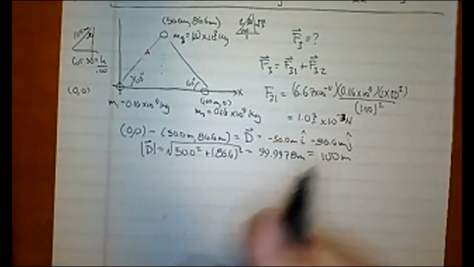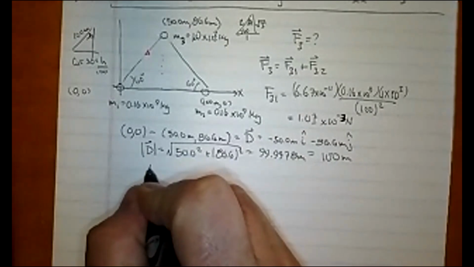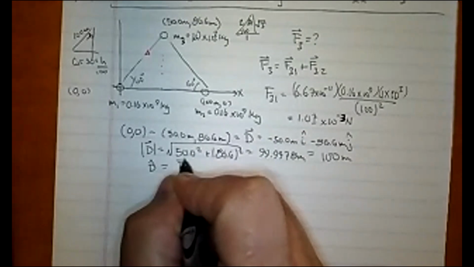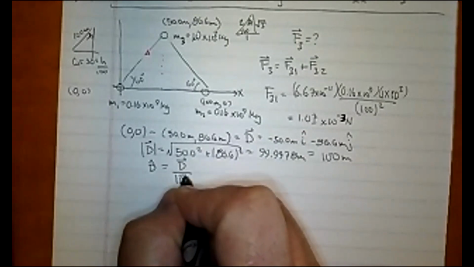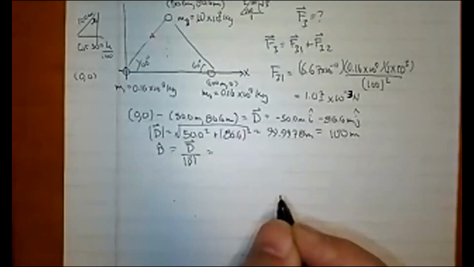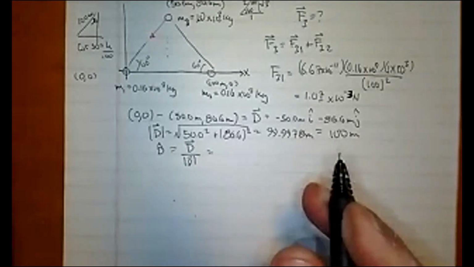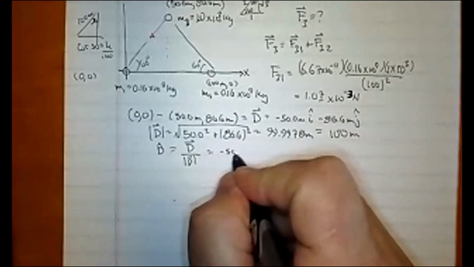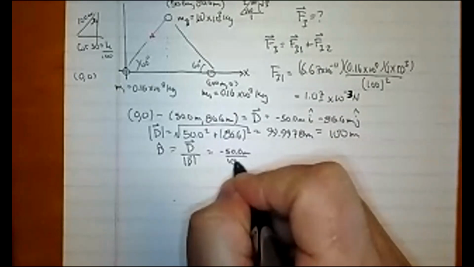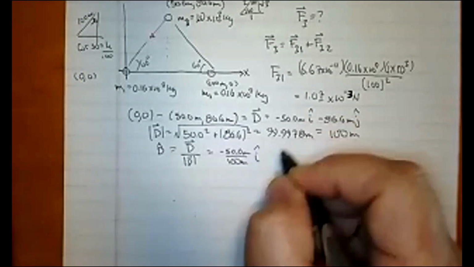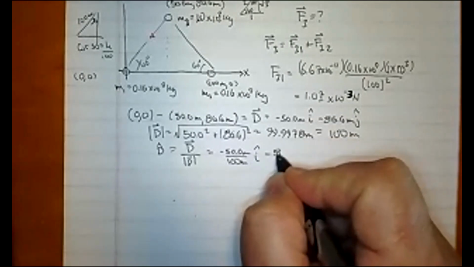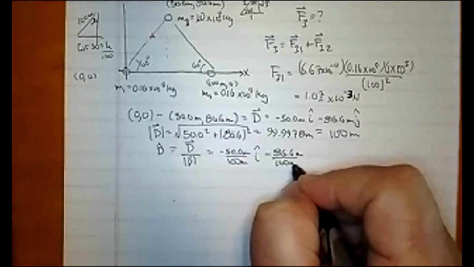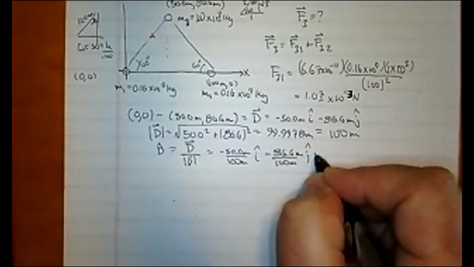But if I make a unit vector out of it, I can call it d hat. And that's just by taking the vector d and dividing it by the magnitude of d. That's a unit vector. So all I'm going to do here is take the 50 and divide it by 100. So it's negative 50.0 meters over 100 meters i hat. Notice the meters are canceling out. Minus 86.6 meters over 100 meters j hat.